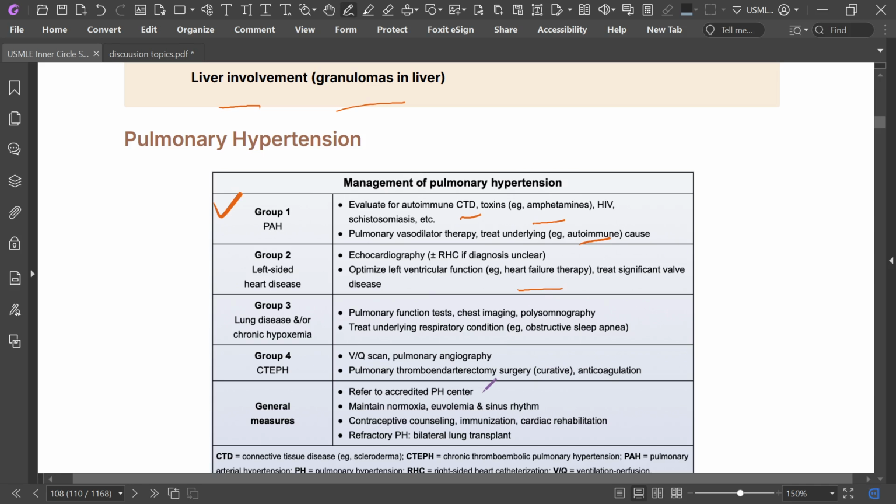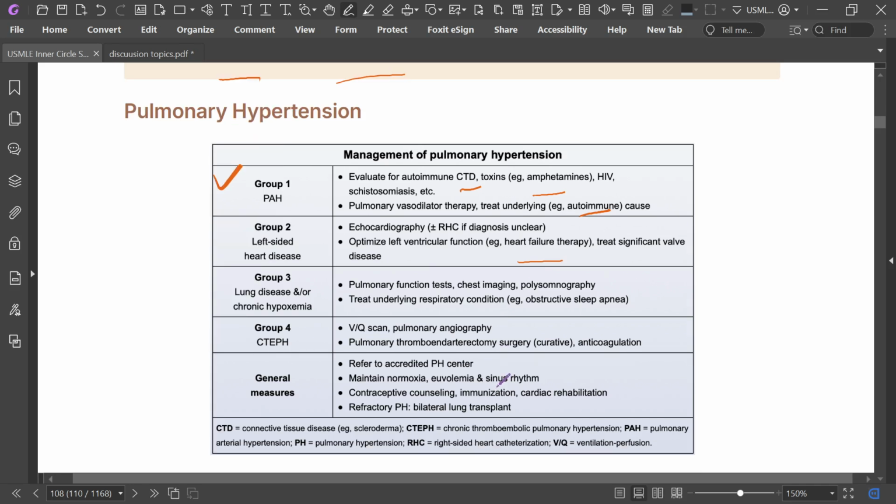And finally, group 4, chronic thromboembolic pulmonary hypertension: VQ scan, pulmonary angiography, pulmonary thromboendarterectomy surgery, and anticoagulation. General measure: refer to an accredited pulmonary hypertension center.